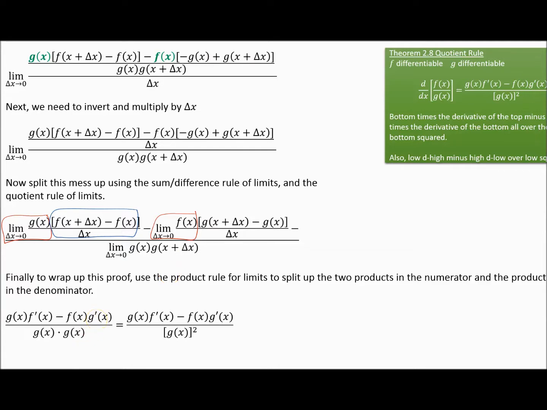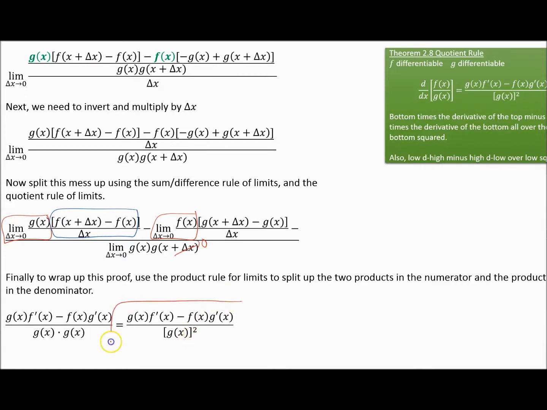The reason that happened is because I substituted in 0 right here for delta x. The reason I'm allowed to do that, if you'll remember, is because we know g of x is differentiable, which means it's continuous. And since it's continuous, I'm allowed to just substitute 0 in for delta x. Now, since I have a g of x times g of x, I have g of x squared.